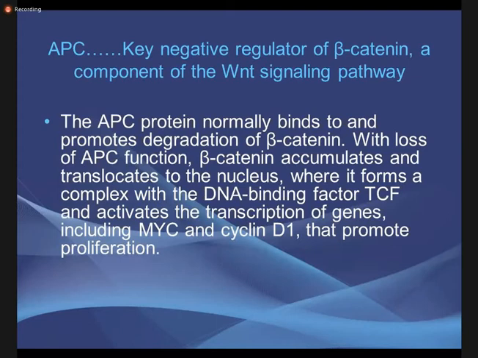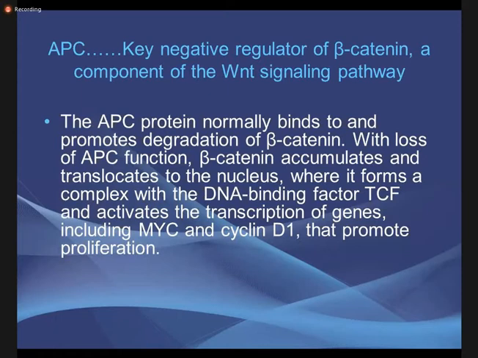And what is APC? Basically, APC is a key negative regulator of beta catenin, and APC normally binds with the beta catenin and degrades it. With the loss of APC function, beta catenin accumulates and translocates to the nucleus, where it forms a complex with the DNA binding factor and activates the transcription of genes that include MYC and cyclin D1 that promote proliferation.